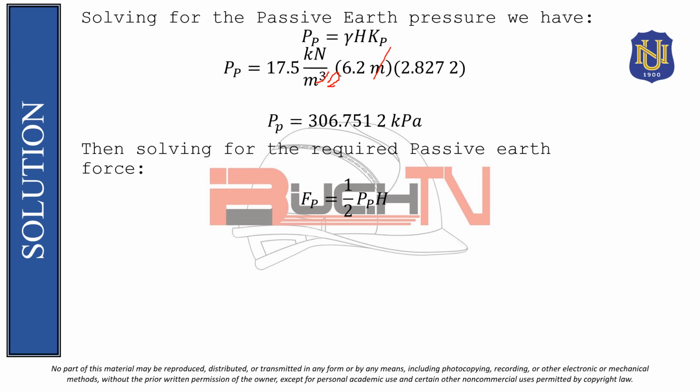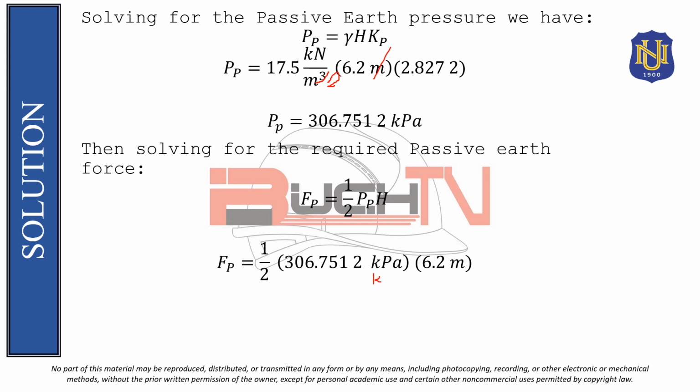Then, solving for the required passive earth force, so gagamitin lang ulit natin yung area of the triangle. So, we may now have F sub P is equal to 1/2 P sub P times H. So, pwede rin natin gamitin yung F sub P is equal to 1/2 gamma H squared KP. So, that is F sub P is equal to 1/2 times 306.7512 kilopascal times 6.2 meters.